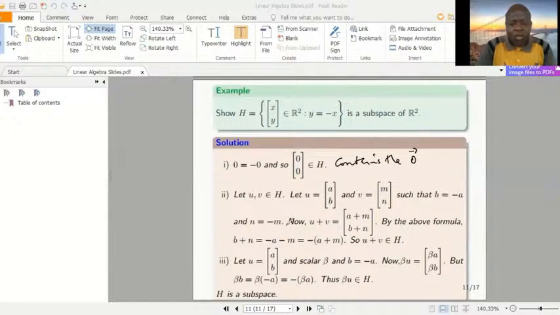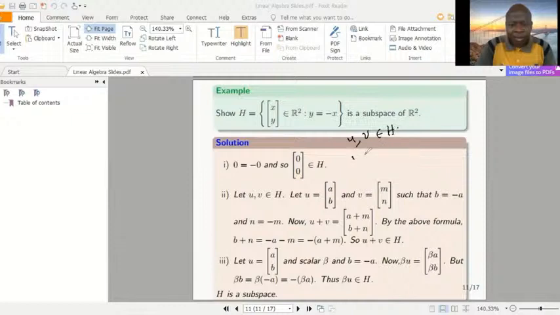Now, I want to show that the additive closure property is satisfied. So I pick any two vectors from here, and I'm picking vectors u and v.